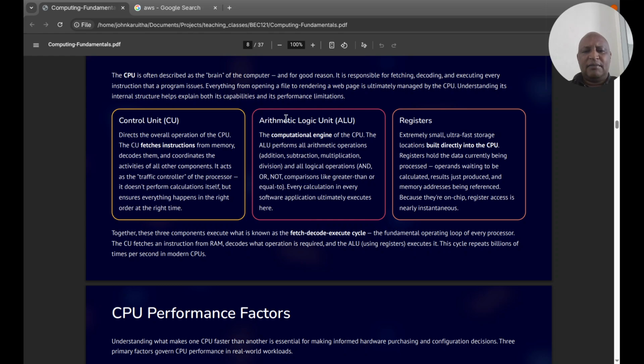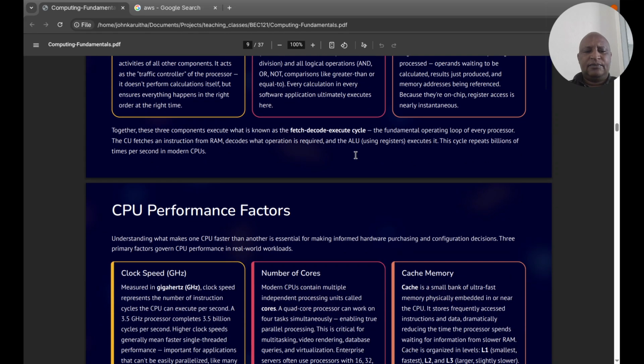We have the arithmetic logic unit. This is the computational engine of the computer. So it performs all arithmetic operations, comparisons, and so on. Then we have registers. These are extremely small, ultra-fast storage locations built directly into the CPU. So it holds the data that is currently being processed. So those are the 3 components.